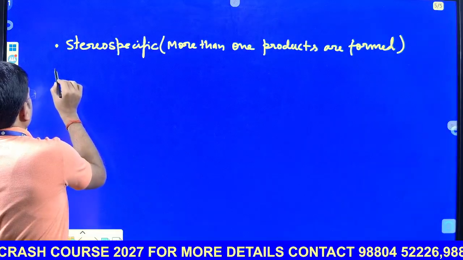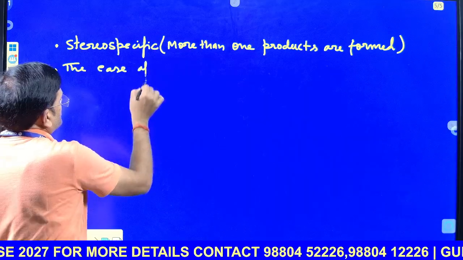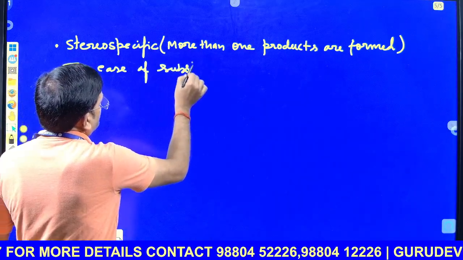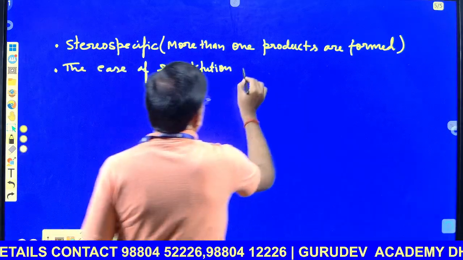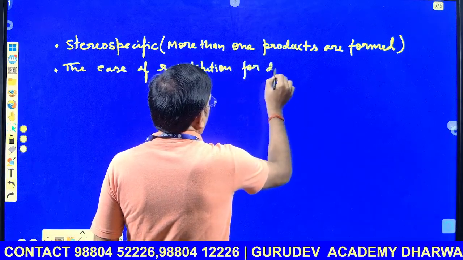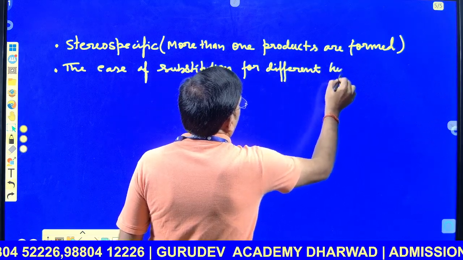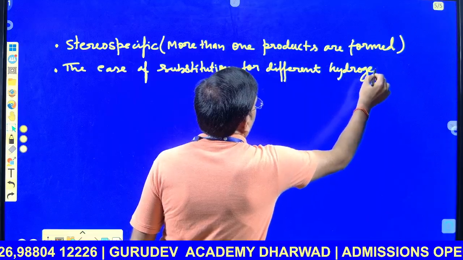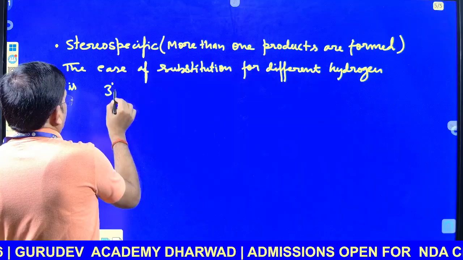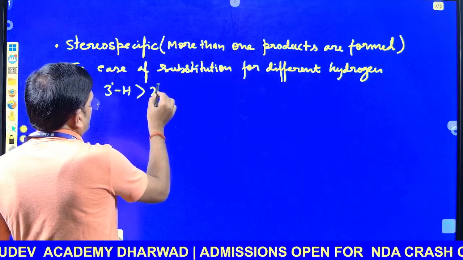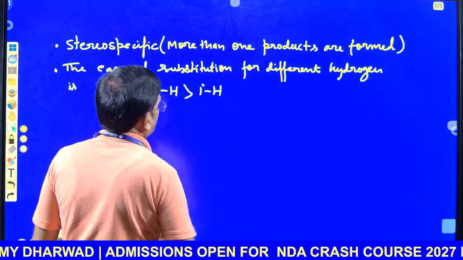The second point, the ease of substitution for different hydrogens is 3 degree hydrogen greater than 2 degree hydrogen greater than 1 degree hydrogen.